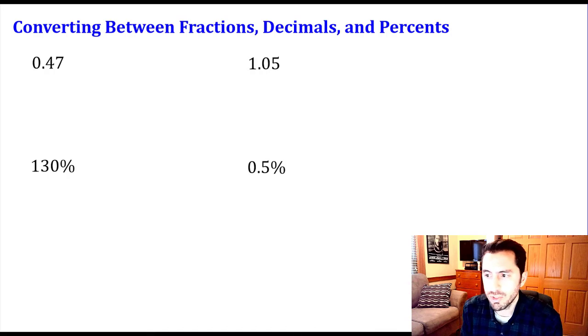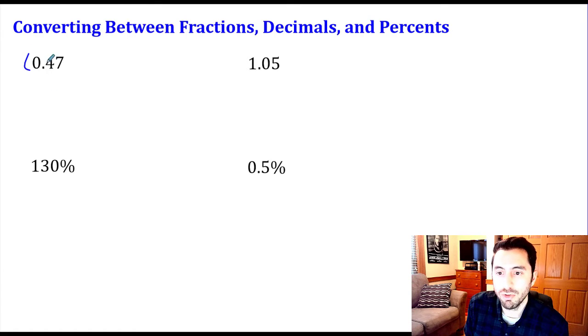So I have a couple numbers here. I have some decimals and I have some percents. And let's convert these. So to start off with, let's take a look at the decimals. The first one, I have 0.47. As a decimal, if I want to convert this into a percent, using what I know, a percent represents parts per 100, we can simply convert this to a percent by multiplying by 100.